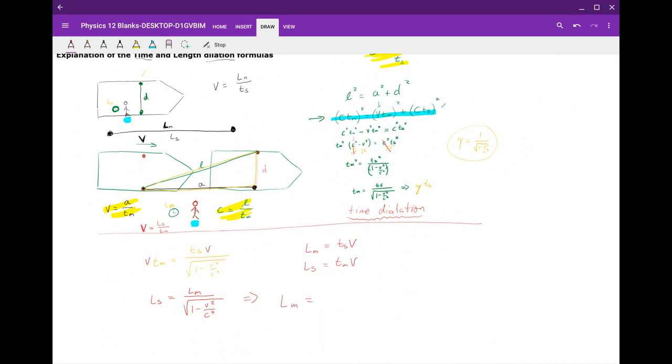So some sort of length or some distance that's moving with respect to a viewer is equal to the length that it would be observed by somebody who's stationary with respect to that length times this square root of 1 minus v squared over c squared factor, okay? V being the velocity with which the length is moving with respect to LM, the guy who's measuring it at LM, okay?